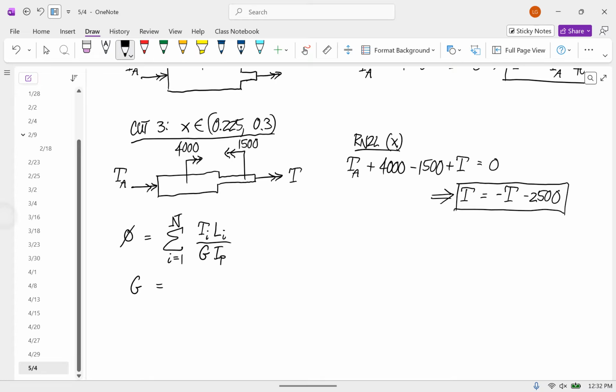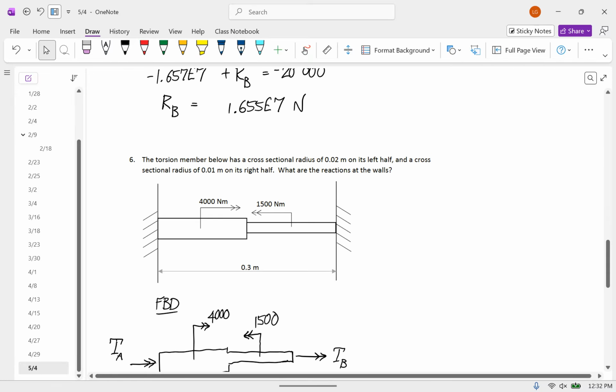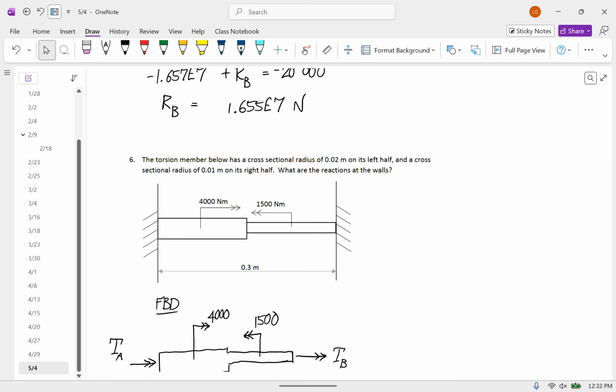What are the reactions of the walls? So this is a case where there's no thermal effects, and every piece has the same value of G. And so that G is going to cancel out of everything.